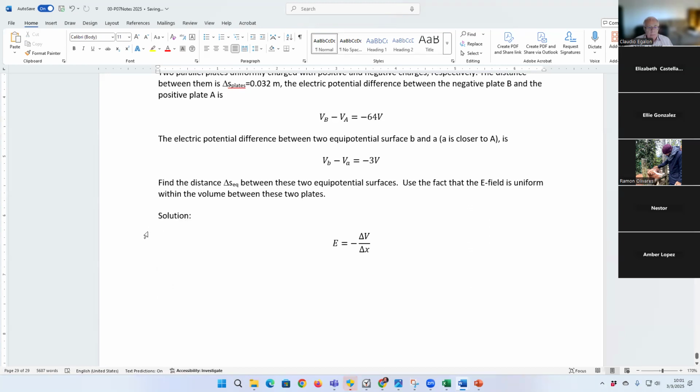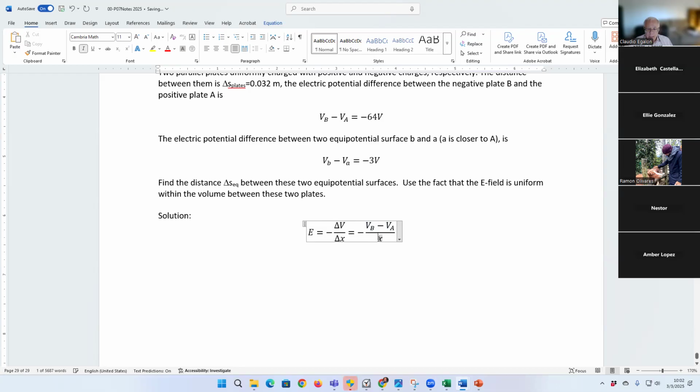For two parallel plates, the electric field relation can be simplified as delta V over delta X with a minus sign. We already know that VB minus VA is equal to minus 64 volts.